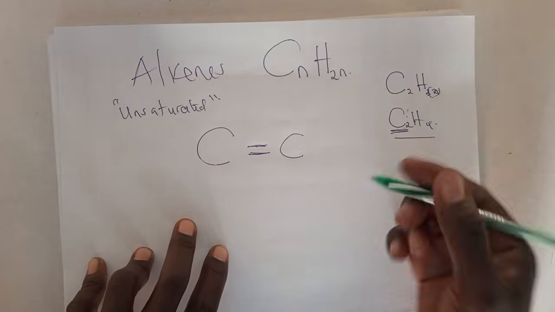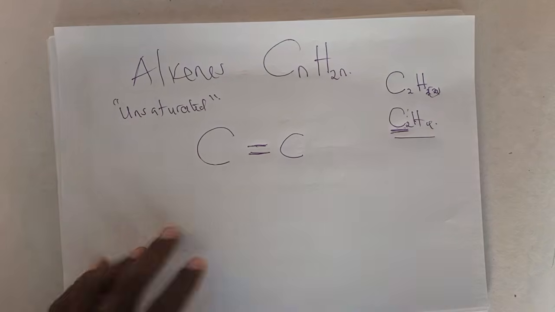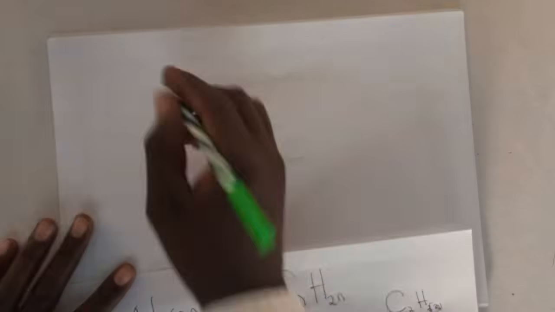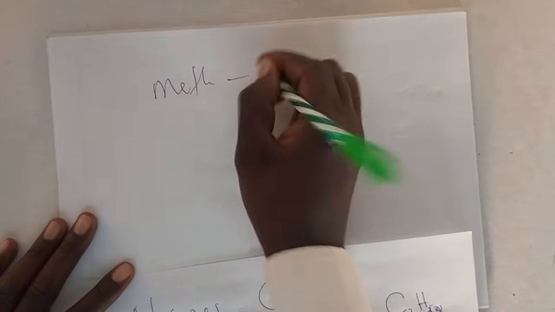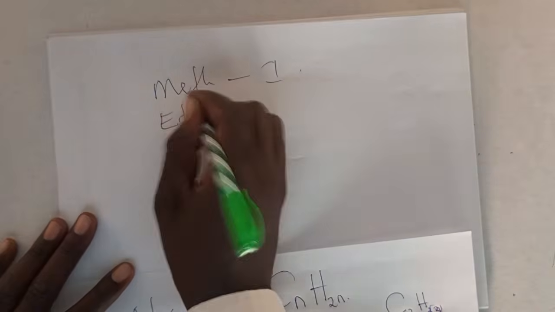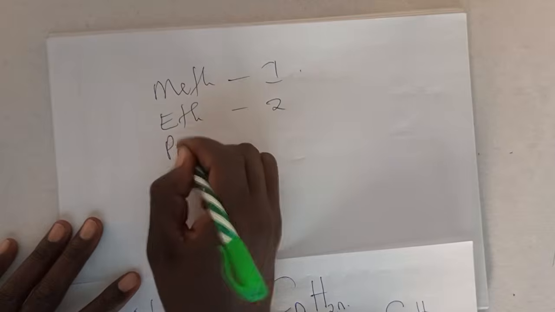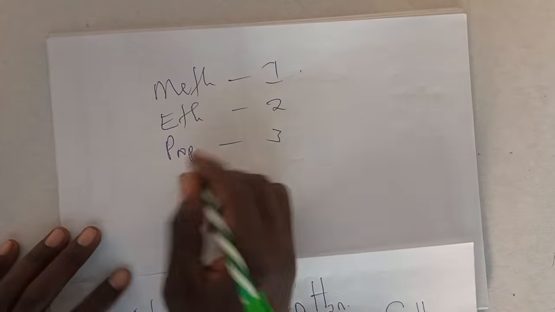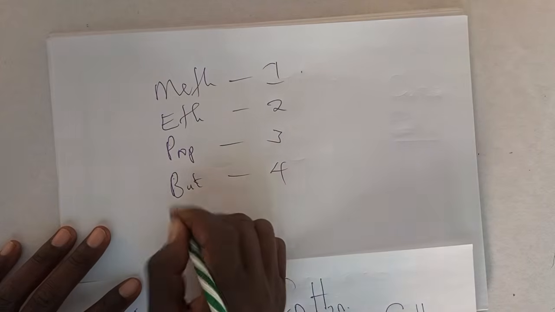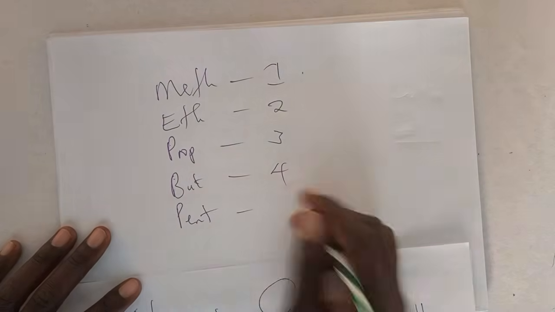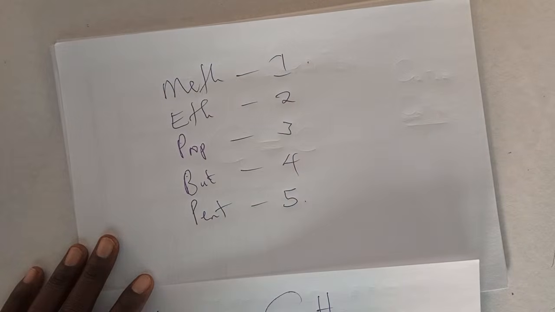Because of these 2 carbon atoms, in organic chemistry the number of carbon atoms is always represented by a prefix. So you have some of the prefixes that you need to know. For example, meth for 1 carbon atom, eth for 2 carbon atoms, prop for 3 carbon atoms, but for 4 carbon atoms, and pent, let me end at 5 because that's what your syllabus prescribes, for 5 carbon atoms.